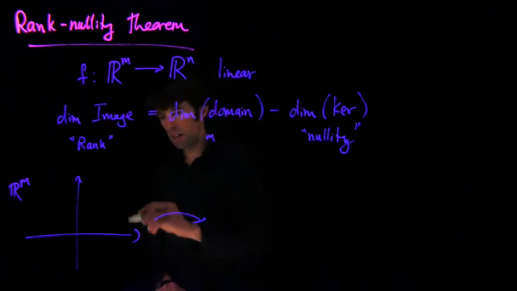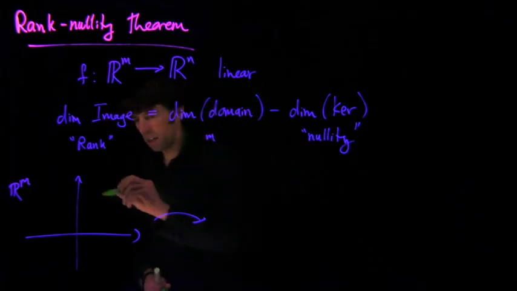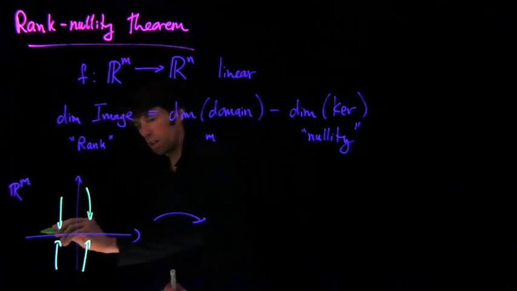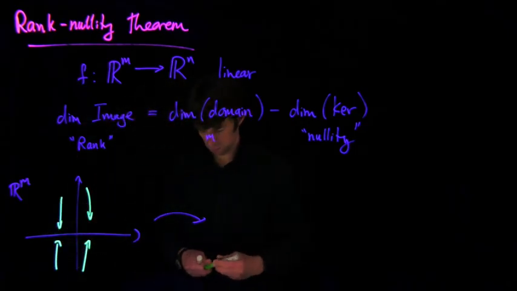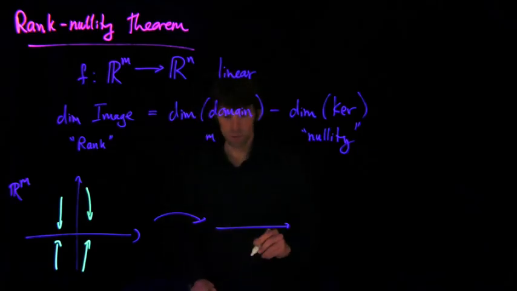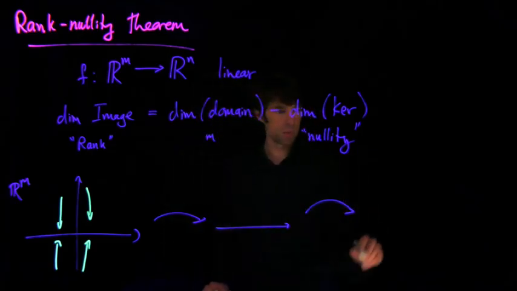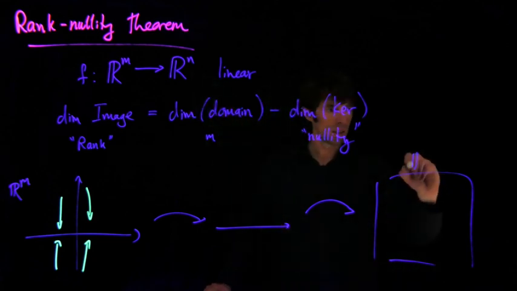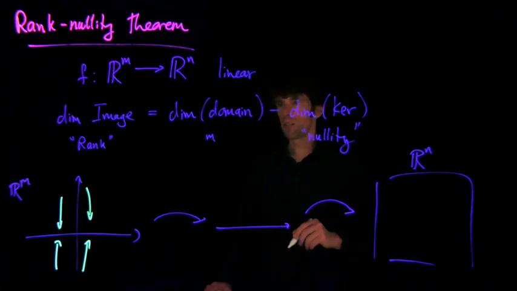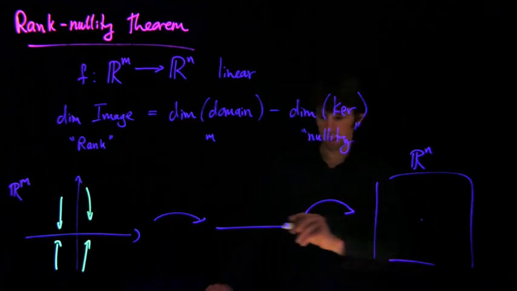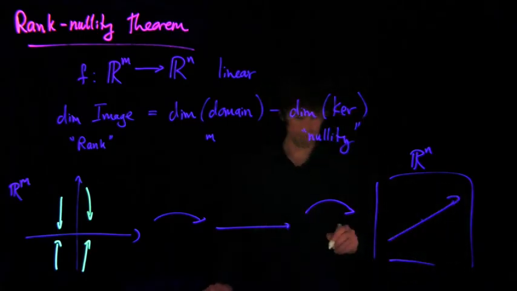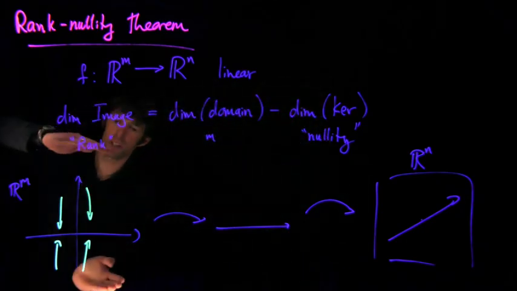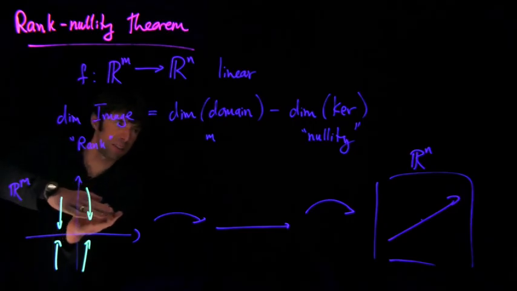The first step is it's going to collapse everything vertically, so I'm going to project down onto this horizontal plane here. And then the second step is going to map this thing into the codomain somehow. So maybe if there's the origin, this thing gets mapped like that. So the kernel is how many dimensions we're losing when we do the crunching down phase.